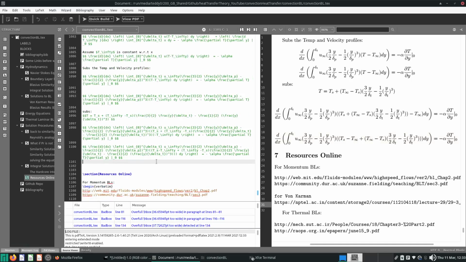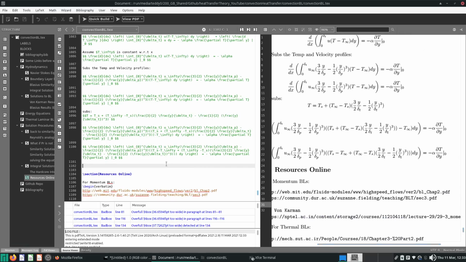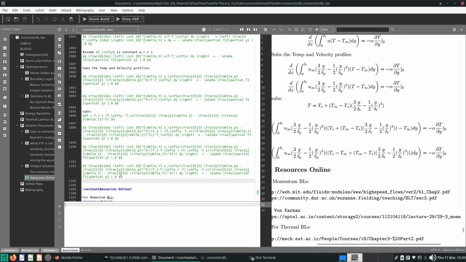So I'm going to multiply a minus 1 in there to change the signs. Let's see, I'm going to multiply this in here and change these signs. So Ts gone.